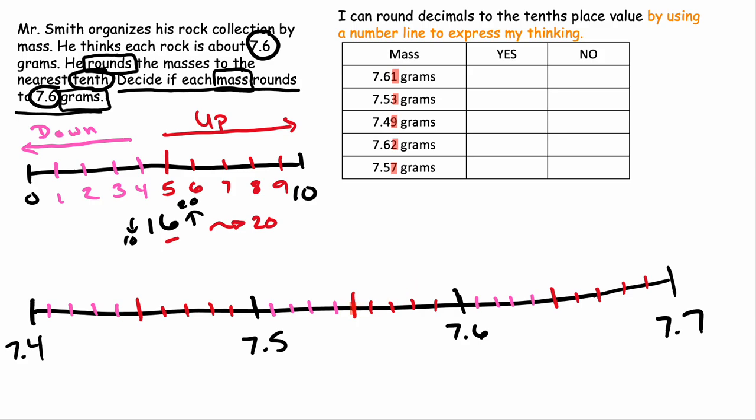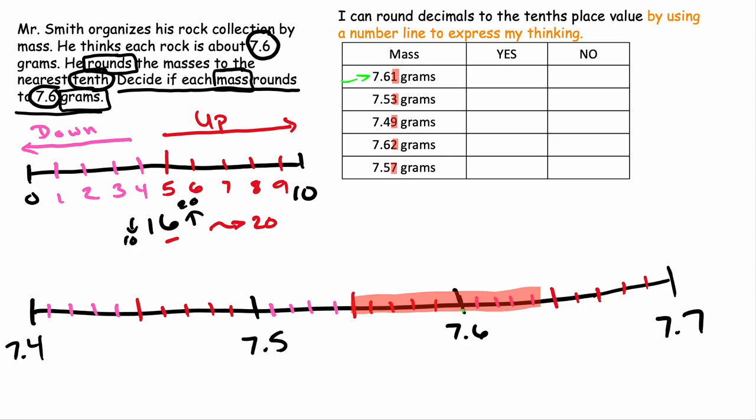The numbers that we're looking for are going to be right in between here. So if we have a number that lands in this part of our number line, that will round to 7 and 6 tenths.